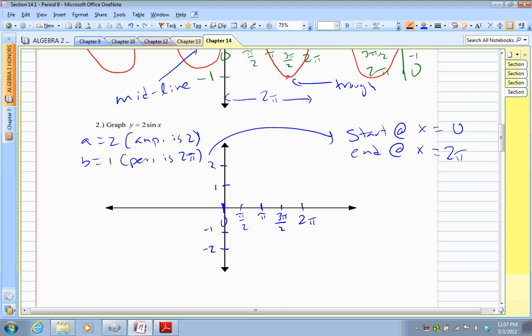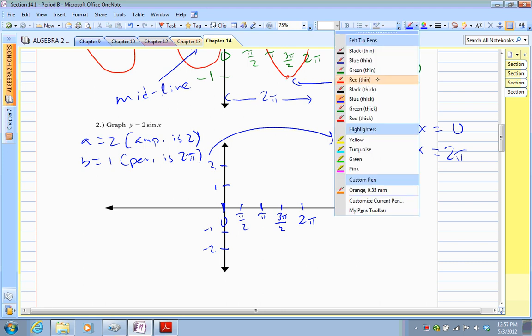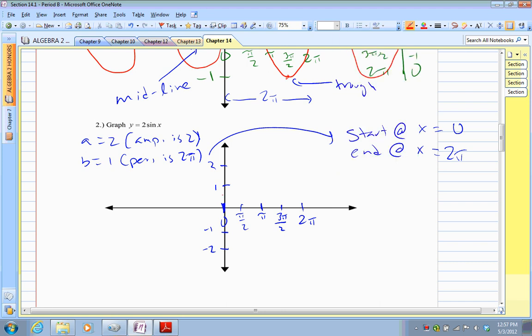So when I do the plot, where do I start again? Right, because sine 0 is 0, so just because I'm doing 2 sine 0, it's not any different. 2 times 0 is still 0. But when I plug in pi over 2, now what's the y value? It's 2 exactly. Then when I do pi, it comes back down to, what, 0.